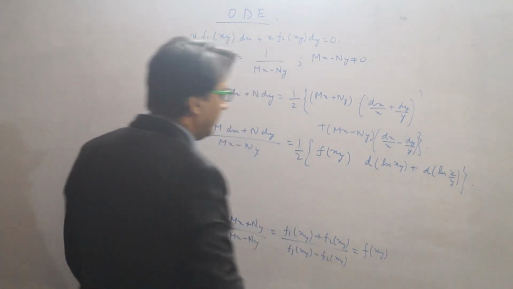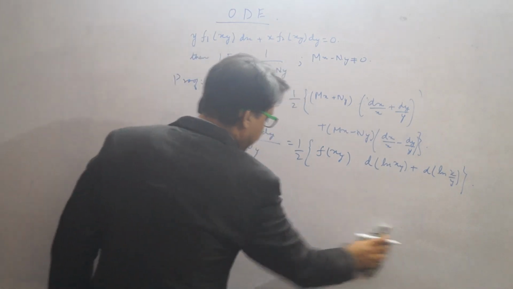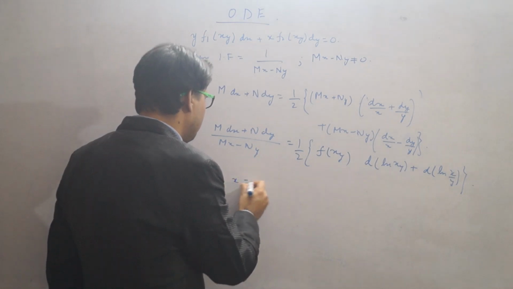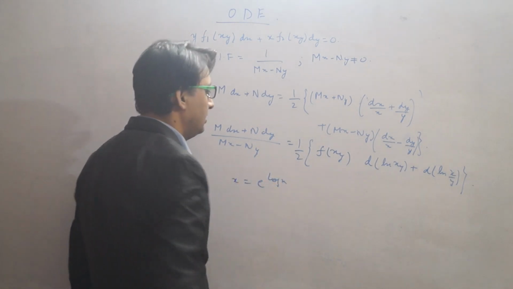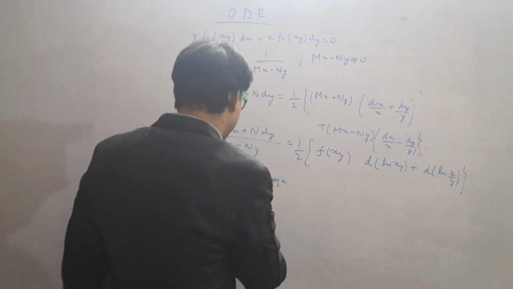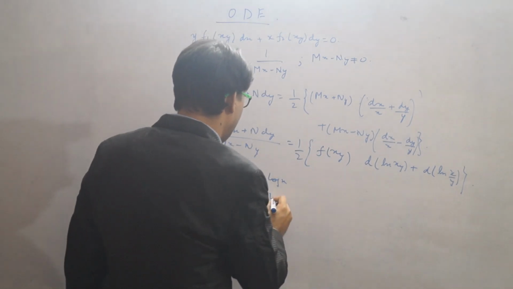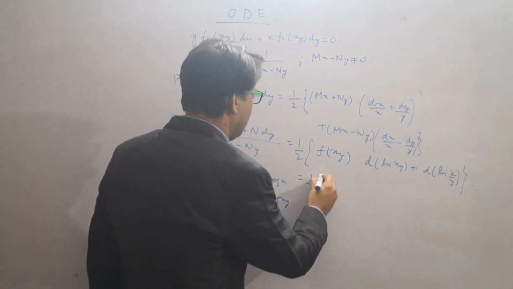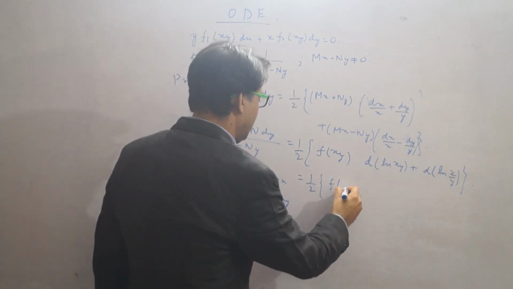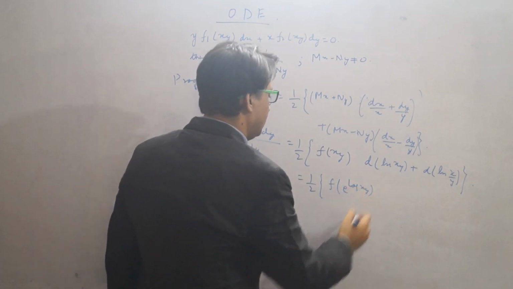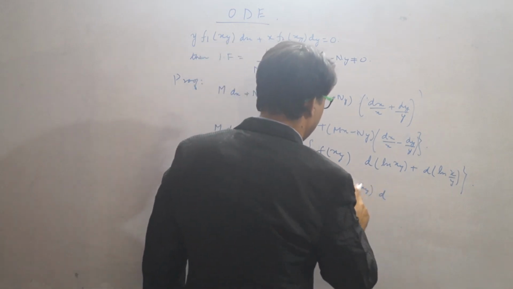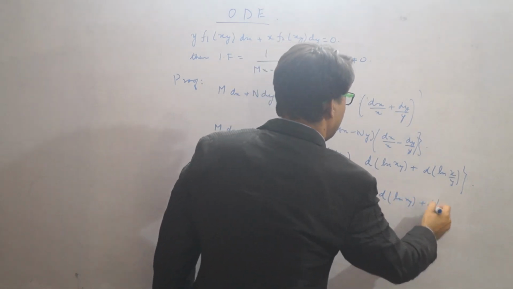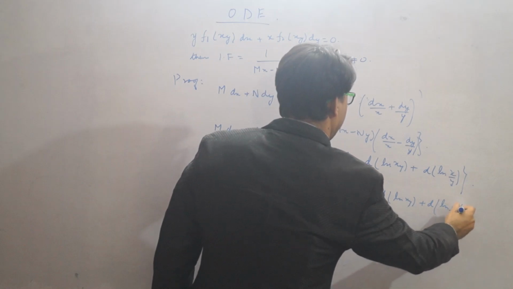So this becomes fxy. Again I am going to use the same manipulation: suppose x can be written as e to the power log x. Similarly, I will write xy as e to the power log xy. So this will render f of e to the power ln xy.